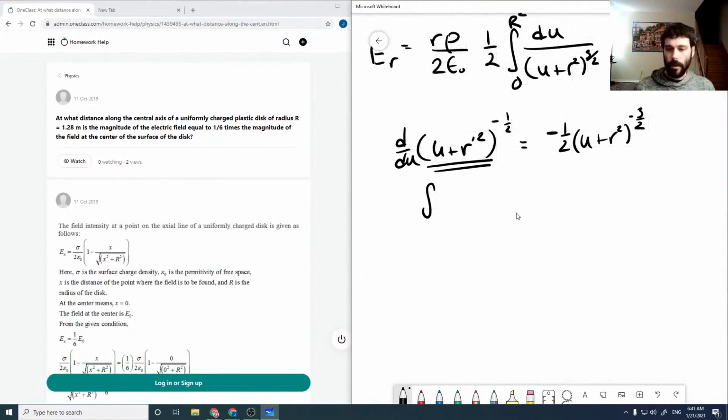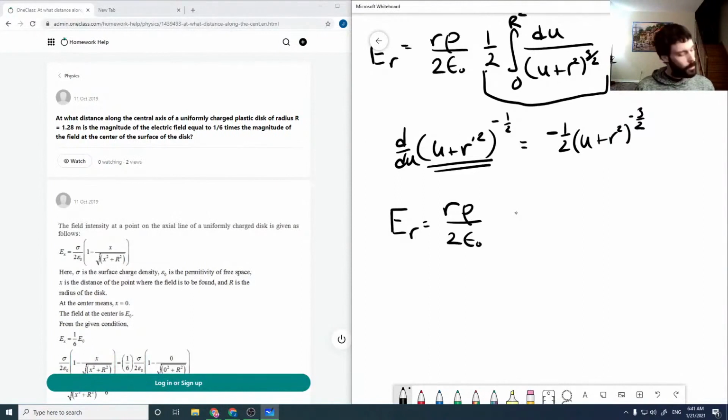Okay, so then E_R is R rho, and maybe you can get our half factor in here too, over 2 epsilon naught times minus u plus R squared to the minus 1/2 from 0 to R squared.